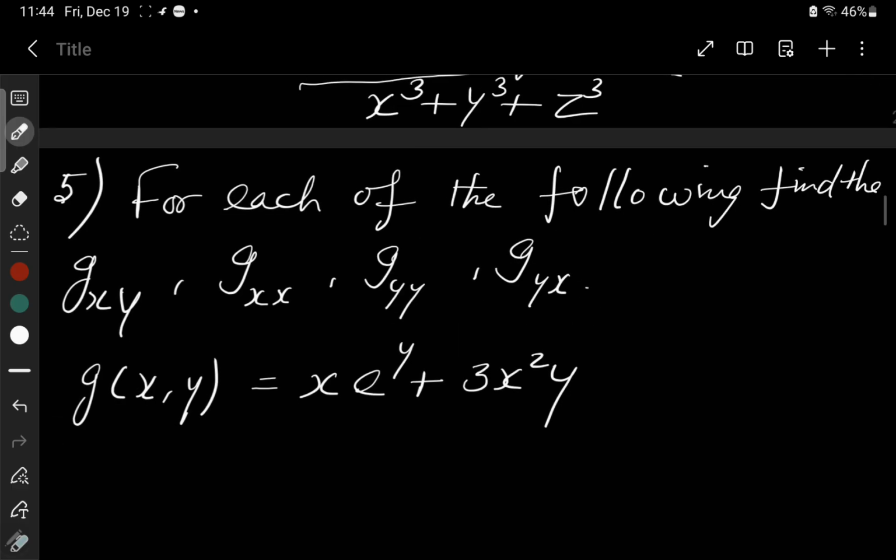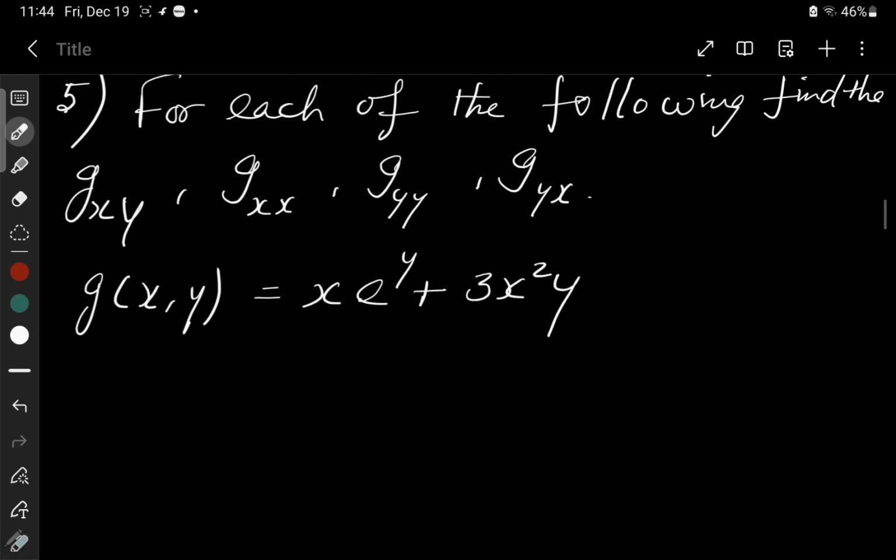See, fifth sum. For each of the following, find gxy, gxx, gyy, gyx. The function g in terms of x and y is x e power y plus 3x square y. gxy. So first let me find gx, dou g by dou x.